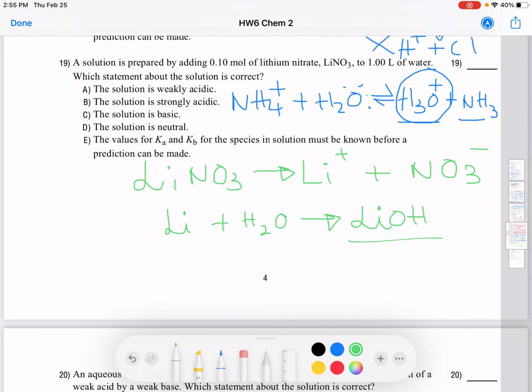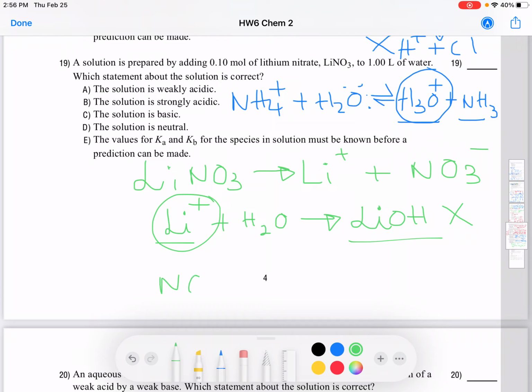Yes, it is, right? It's a Bronsted-Lowry base. Group 1 hydroxides, your lithium, sodium, potassium, rubidium, and then group 2, strontium, calcium, barium, hydroxides with those metals are strong bases. So lithium hydroxide is a strong base. So lithium cation is not going to react with water to give you lithium hydroxide, because lithium is a cation coming from a strong base.